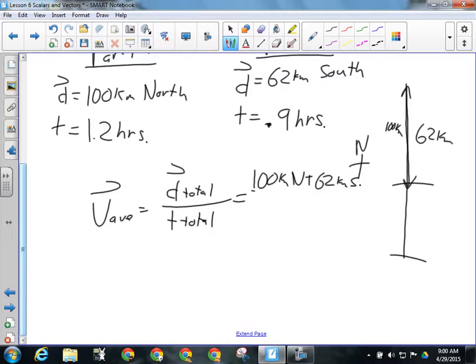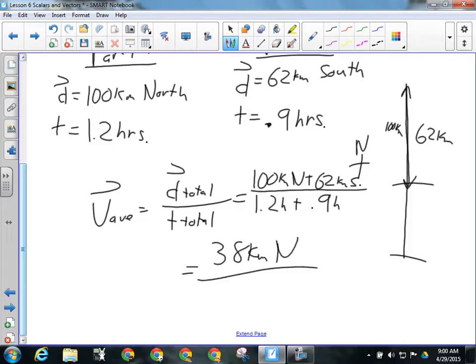Okay, and I'm going to divide that by the total time. 1.2 hours plus 0.9 hours. Okay, so my totals here, we just said, are 38 kilometers north, and that's going to be over 2.1 hours.